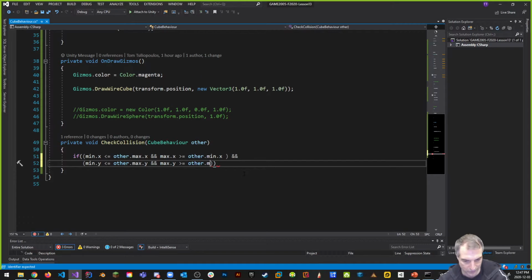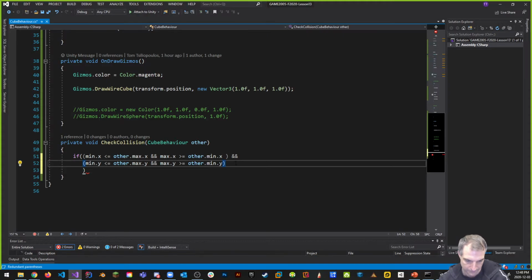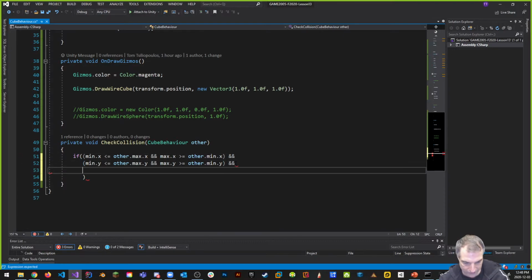I'm just translating what I see in the PowerPoint slide. You should do the same. And let's put that so it's nicely proportional. And min dot z is less than or equal to other dot max dot z.